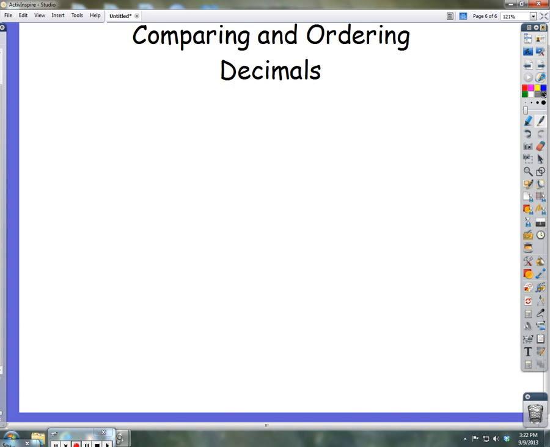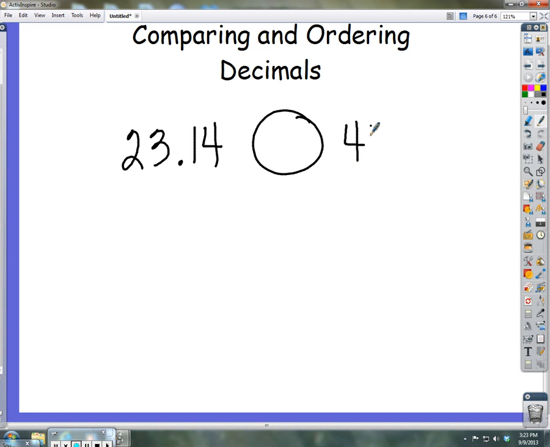Now, what happens if you have whole numbers with your decimal numbers? Let's say you've got 23 and 1400ths compared to 47 and 1400ths. Since we have whole numbers this time, we first need to check the whole numbers.